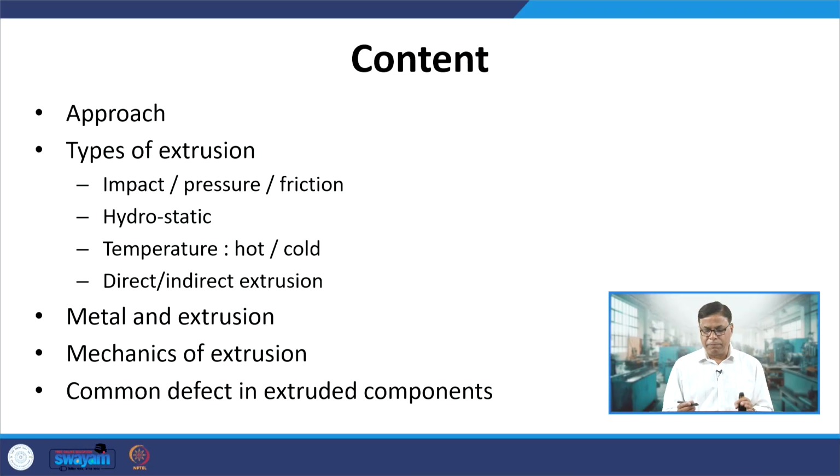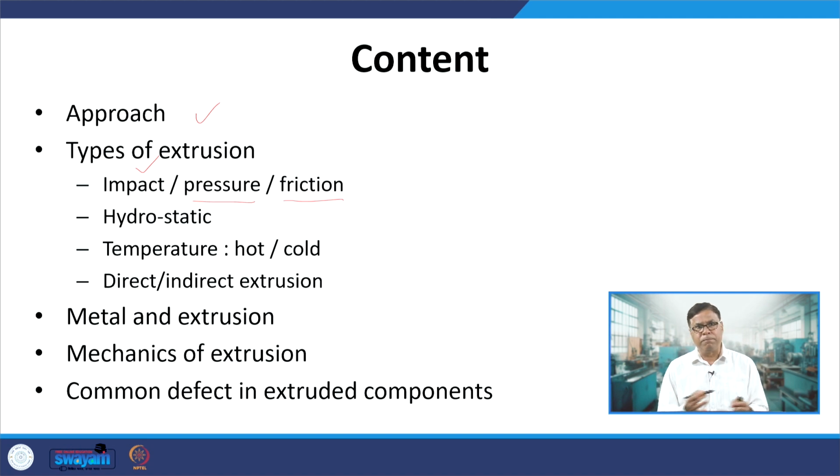So, in this presentation, these are the topics: the approach of extrusion and the types of extrusion. We can apply impact force; certain cup shaped products are made through extrusion by applying impact. Or pressure can be applied to ensure that the material is extruded through a particular opening of the die, or we can use friction to heat the materials.